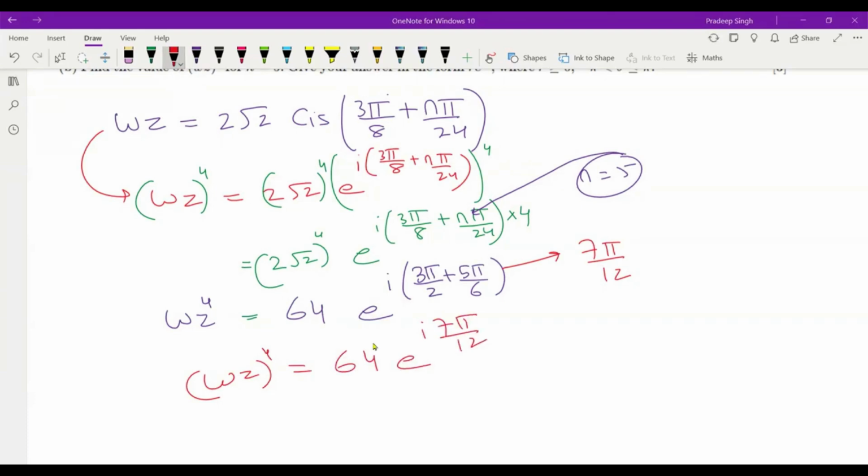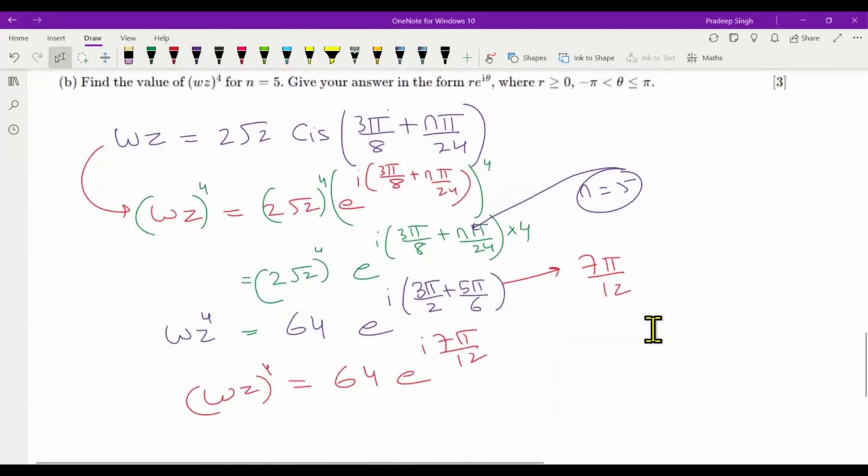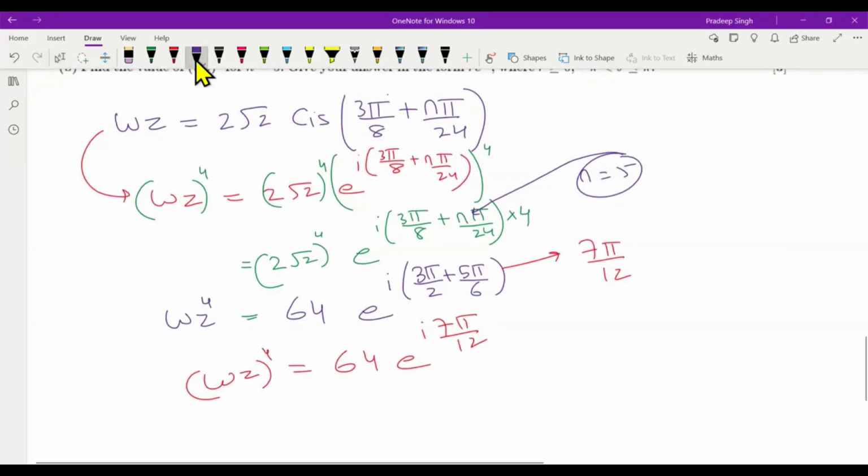Now, even in this case, Laksha, tell me, will this be in that range, minus pi to pi? No, so what do we do? Subtract by 2 pi. Correct. So tell me 7 pi by 12 minus 2 pi.